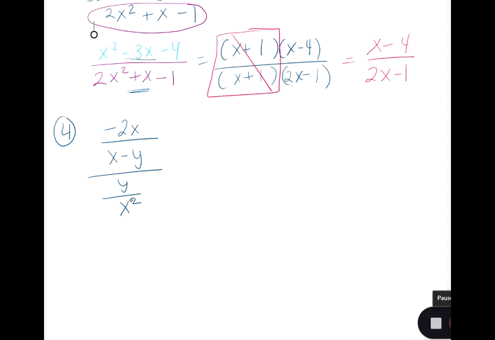However, this problem is one fraction over another fraction. It's not two fractions. So we can go ahead and use method 1 with this, which is where we do keep, change, flip.